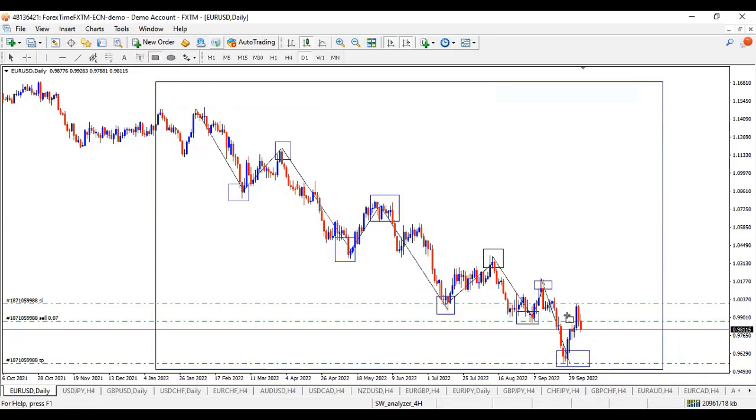So we are assuming that this is a lower high right here. And so here you clearly see that price is in a bearish trend because it's creating a series of lower lows and lower highs, lower lows and lower highs. Okay, and so let me just give it to you right here.